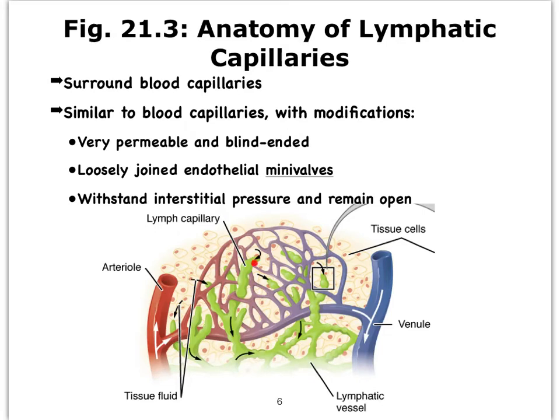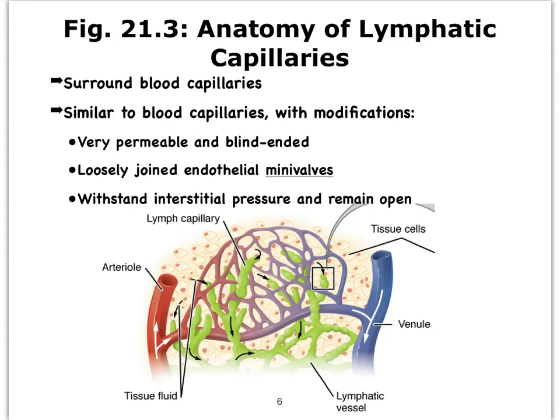Notice though that our lymphatic capillaries are different from the blood capillaries in that they have a dead end, or they are blind ended. That is different from our blood capillaries, which receive blood from an arterial end and then send the blood into a venular end. That is not the case for our lymphatic capillaries.